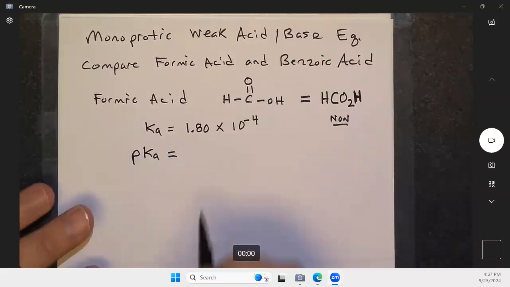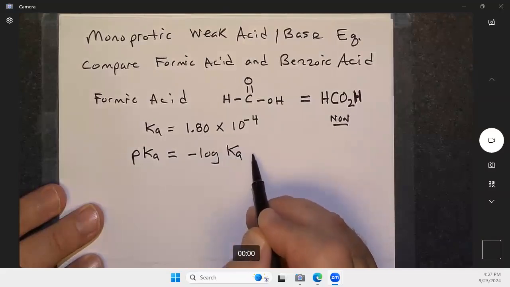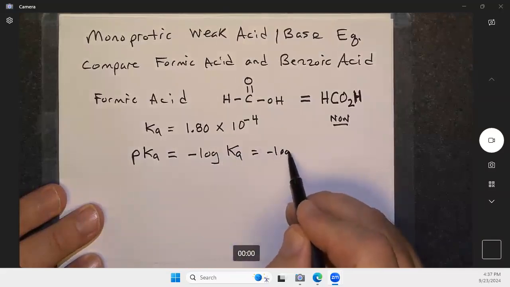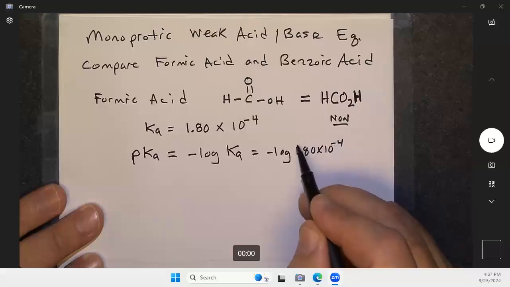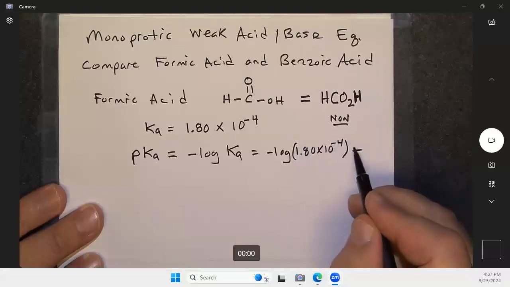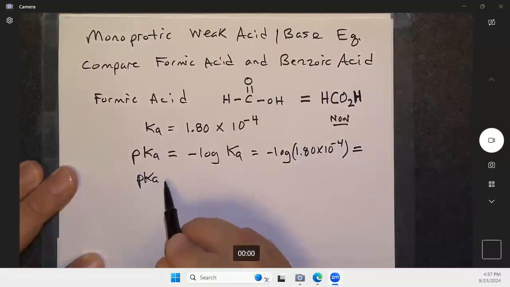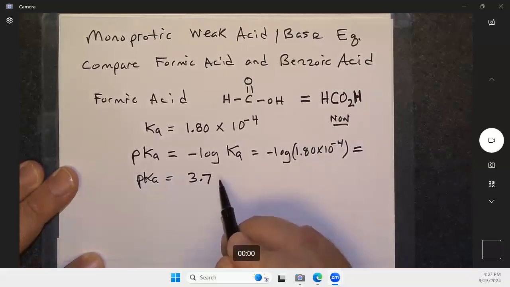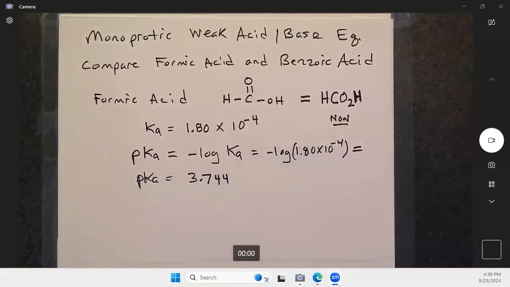So pKa would be the negative log of the Ka, which is negative log of 1.80 times 10 to the minus 4, which will be equal to 3.744. Okay. So now we know something about the Ka, and we calculated the pKa of it, which we'll actually start to use more and more.